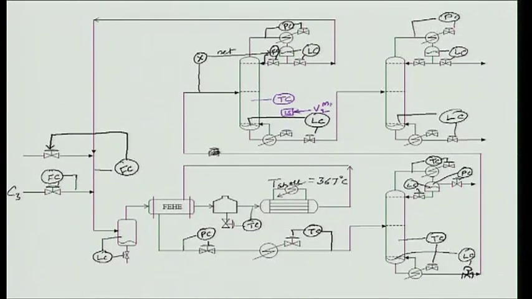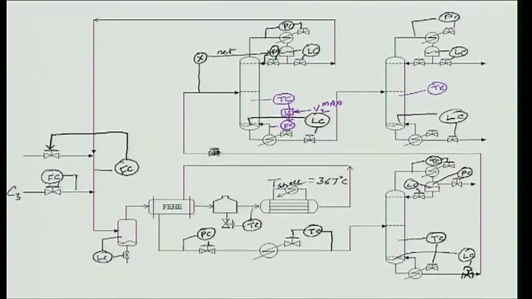So, V2 max, and of course, between these two the low select is what will manipulate the steam. Oh well, just to be consistent, it is actually setting the boil up. Okay. Similarly, on the second column, on the product column, which is the third column, I have a similar arrangement.